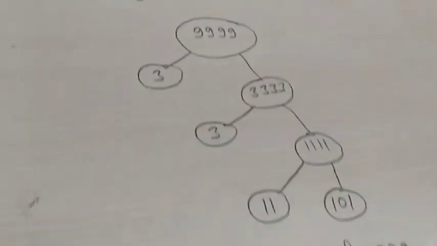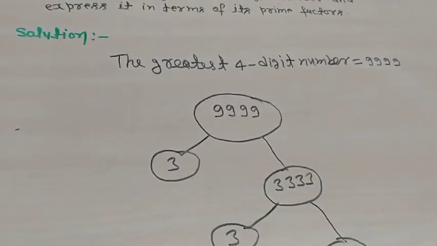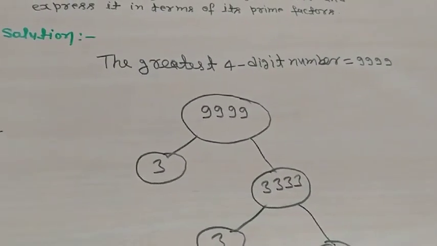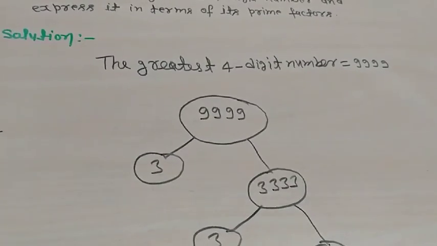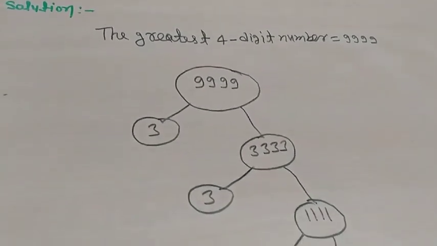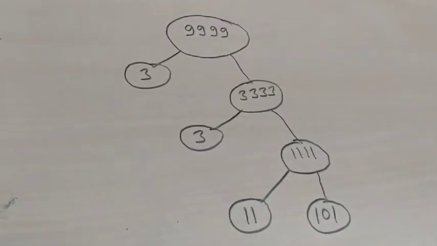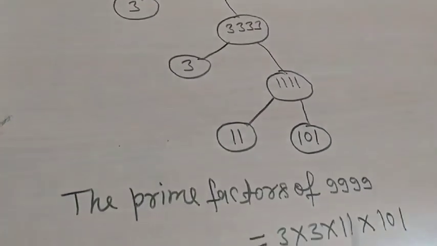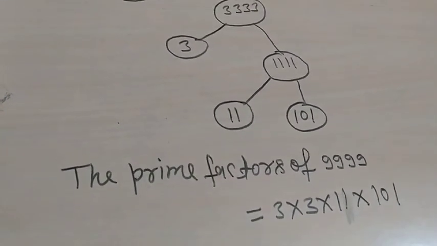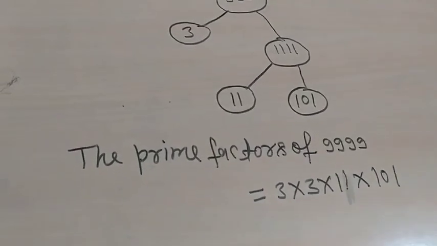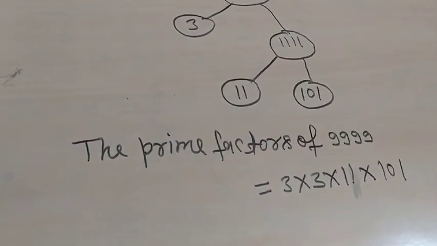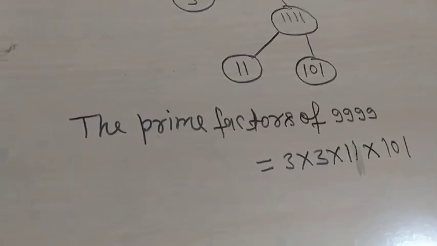So first we write the greatest 4-digit number, 9999. After this we break it by factor 3 and we find the prime factors. We can also find the prime factors of 9999 like this.